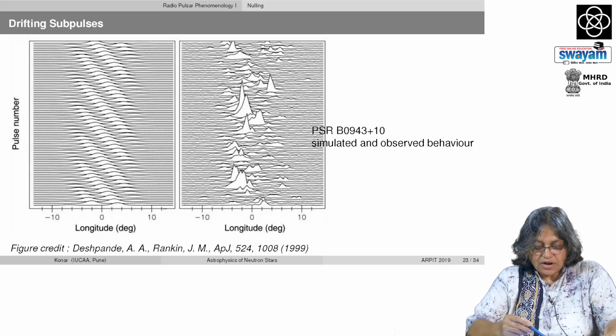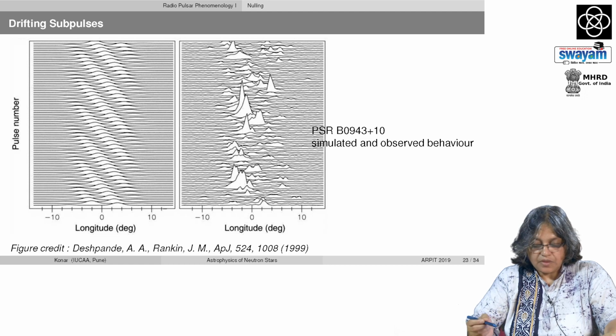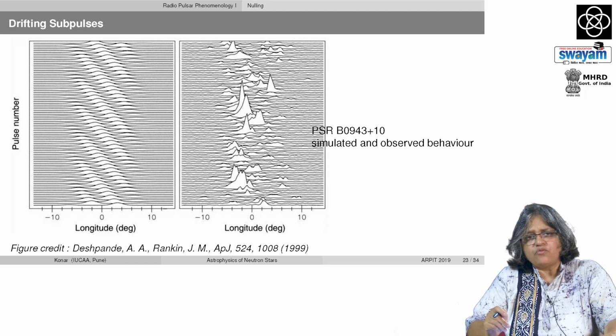So, this is a simulated drifting of pulses and this is a real observation. So, what is happening is this is the longitude axis and you would see that the pulses seem to drift within a pulse period. So, they go shifting and shifting and shifting. So, this drifting of subpulses typically appears to be associated with nulling.